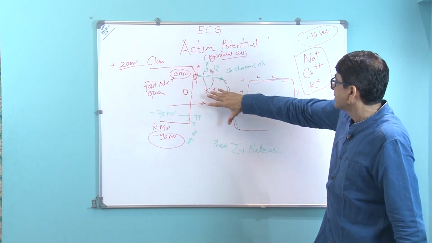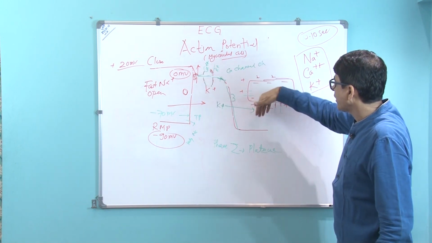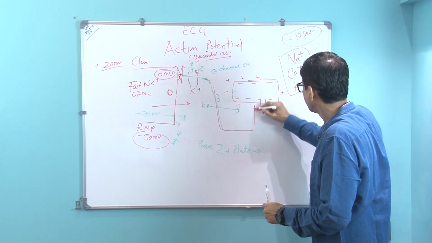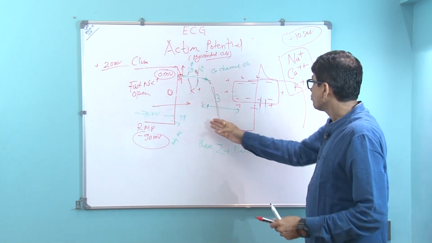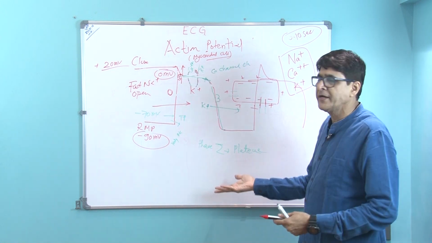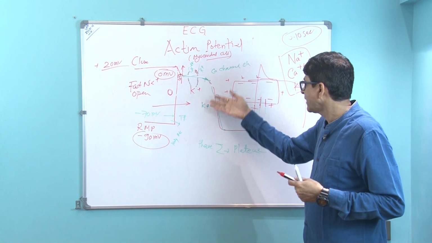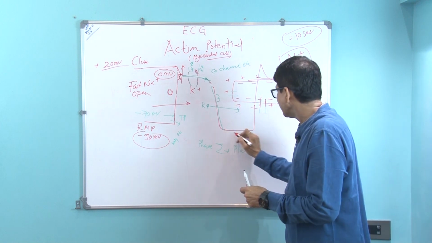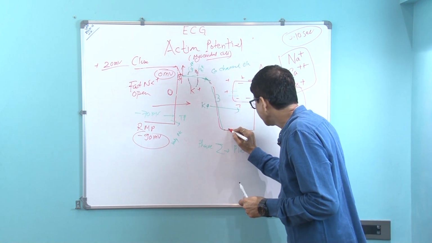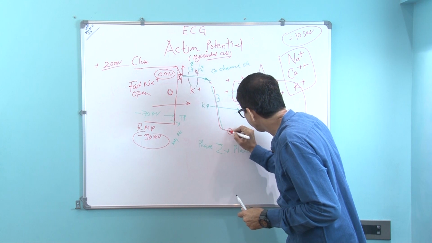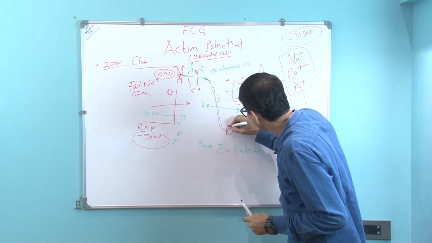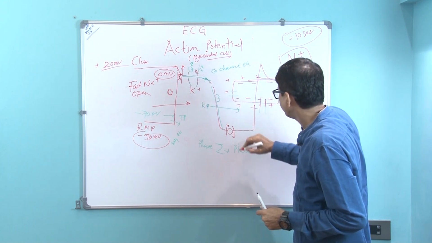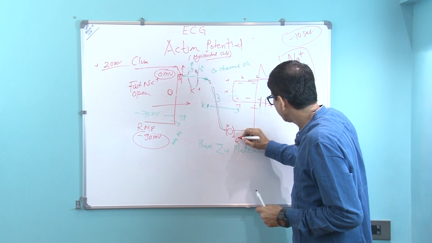Now you will tell me, sir, this potassium is going out, and then the next cycle will take place here. When it is going out, it has to come inside again, because it has to go out again every cycle. So in this phase 4, there is an active pump where sodium, which has come inside, goes out, and potassium comes in.